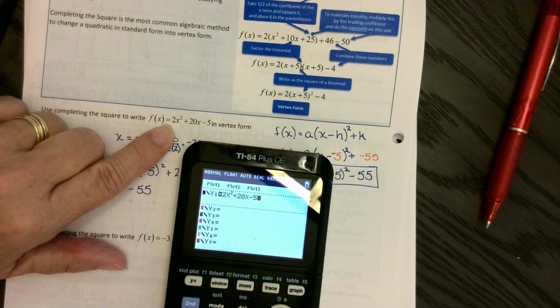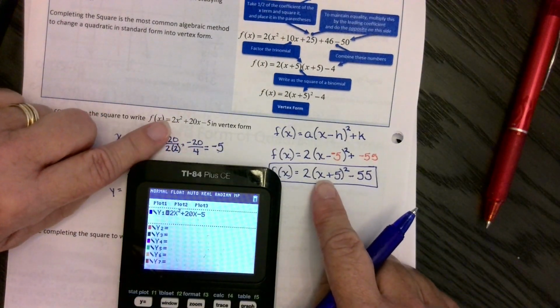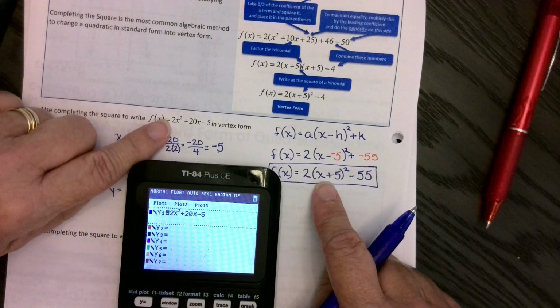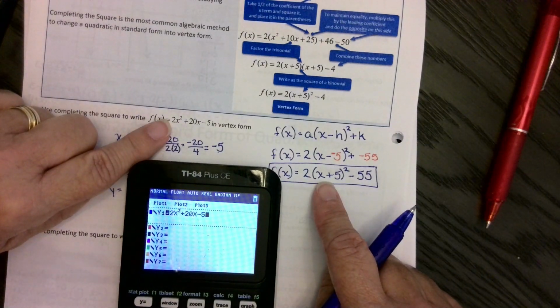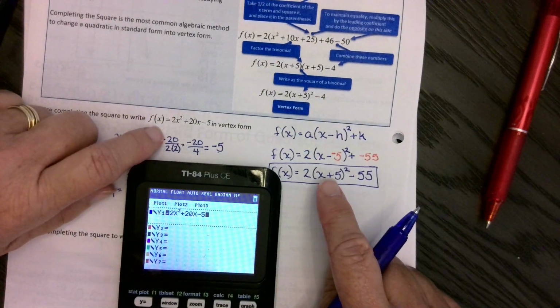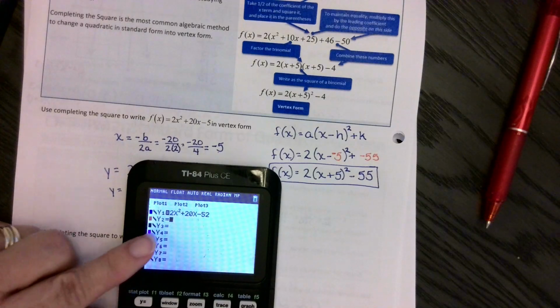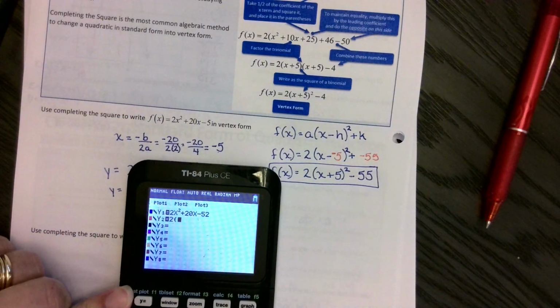These two are the same parabola, the same quadratic, so they will look the same. It's just written differently. One's standard form, one's vertex form. So under y2, I'm going to put our vertex form.